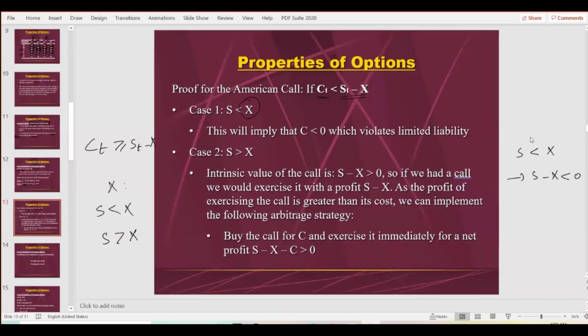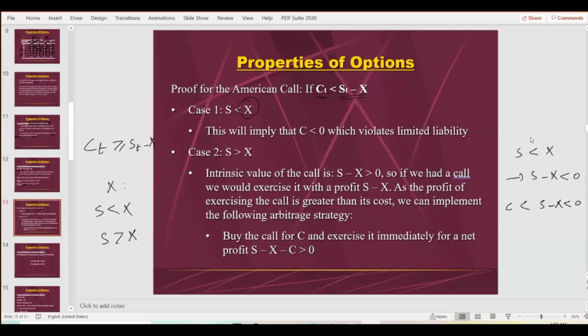So if S minus X is negative and C is less than S minus X, this will imply that C is less than 0. However, this will violate the limited liability of an option because the option at worst is equal to 0. So this can never be the case, because C is always greater than or equal to 0 due to limited liability.